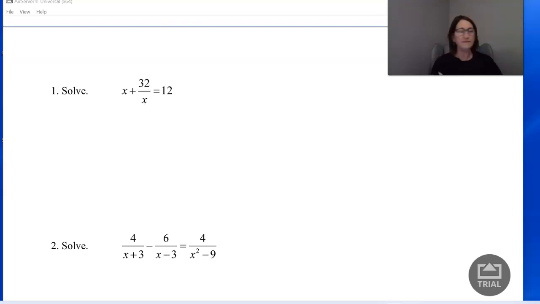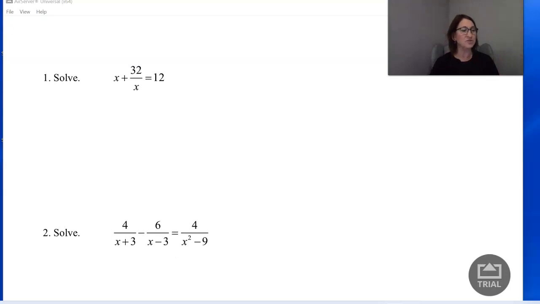So the very first step that we're going to do is identify our LCD. So our least common denominator is X, because we only have one denominator there. This first X is over a 1, and the 12 would be over 1 if you're trying to put them in fractions.